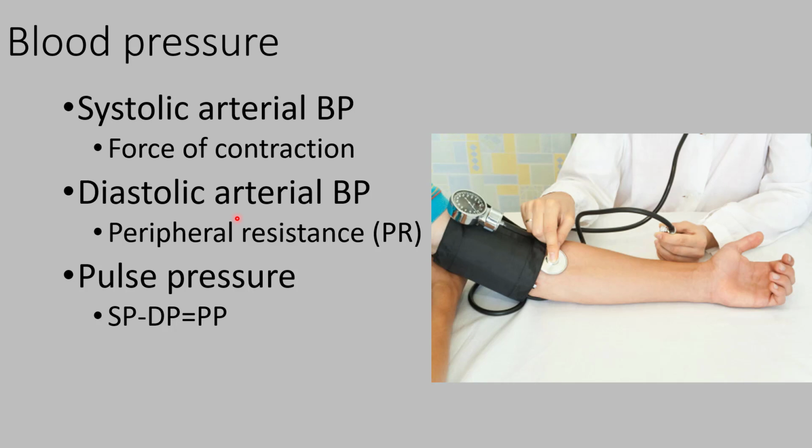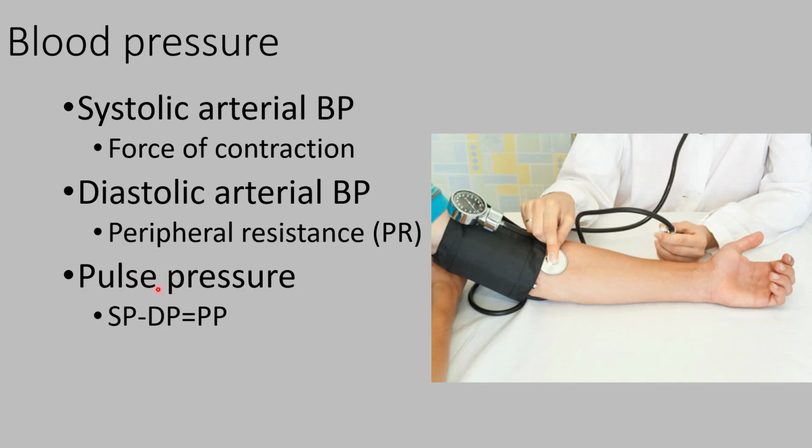And this is determined by peripheral resistance in the aorta. So when we're not pushing blood into the aorta, there's still blood in the aorta, we're just not pushing it in from the heart. And that the aorta, remember, squeezes against the blood. Any vessel squeezes against the blood that's inside of it. So that pressure that's felt inside the aorta when the heart is relaxed, that is peripheral resistance of the aorta.